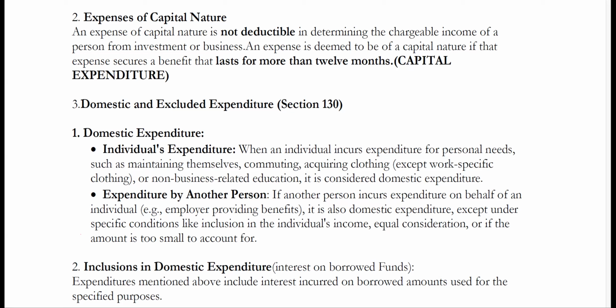So what are some of the capital expenditure that you can consider to be small or not material, but may secure a benefit for more than a year? Petty tools.